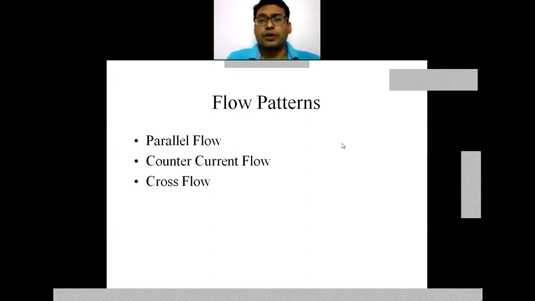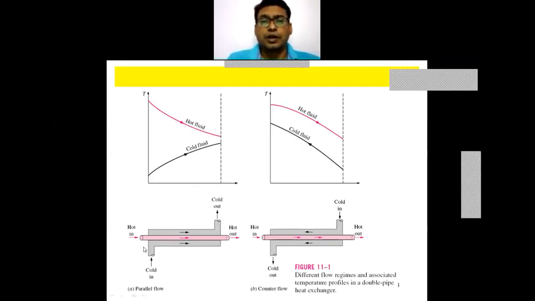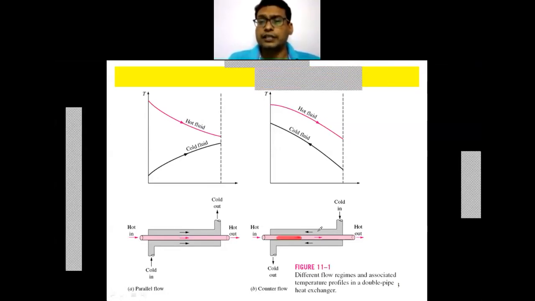Now, in a parallel flow arrangement, both the fluids move in the same direction. The hot fluid as well as the cold fluid move in the same direction. However, in counter current flow heat exchangers, the movement of the hot fluid is in the opposite direction to the movement of the cold fluid.